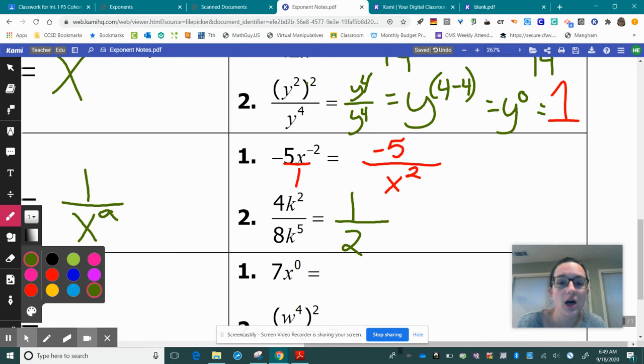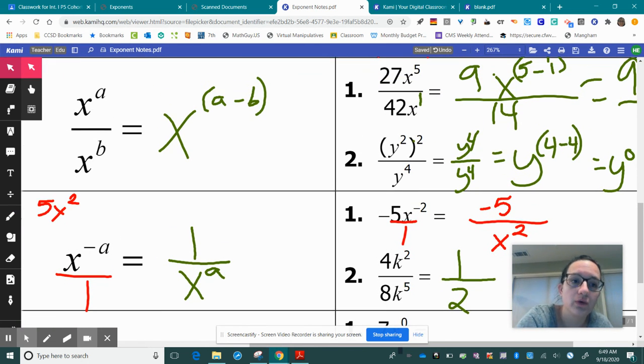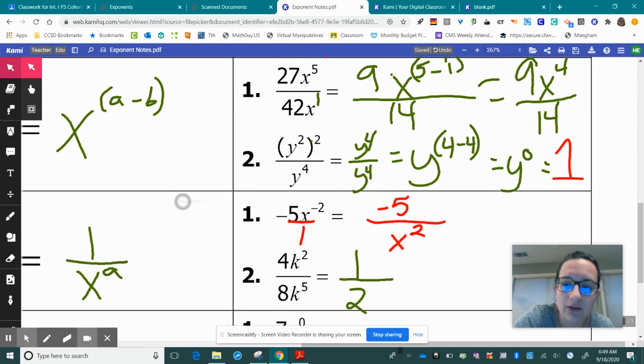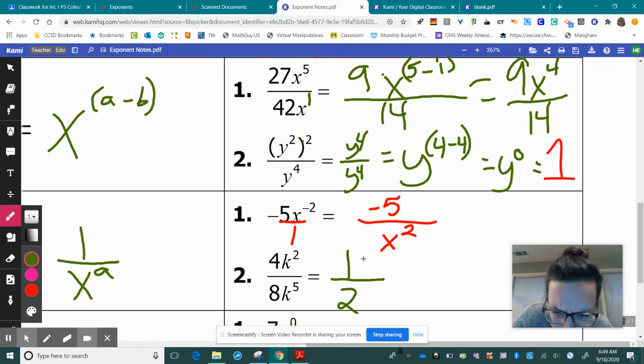The next one is k squared divided by k to the 5th. We have division, so if we look at our quotient rule, we do that next lower level of division and we subtract our exponents. So notice the order. We're going to have k to the 2 minus 5.